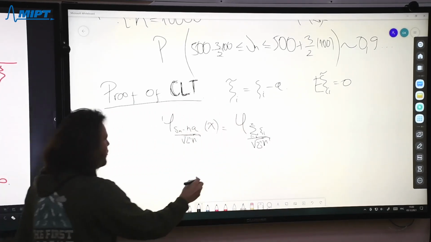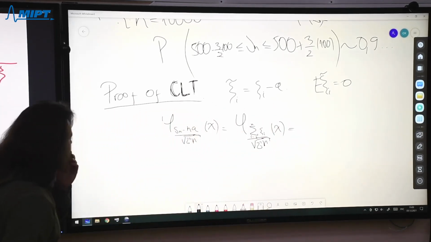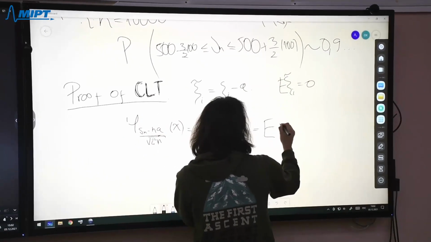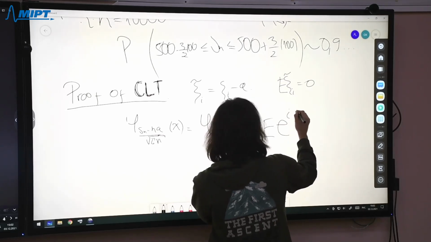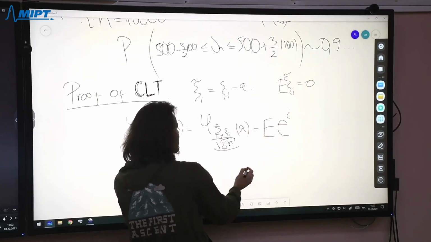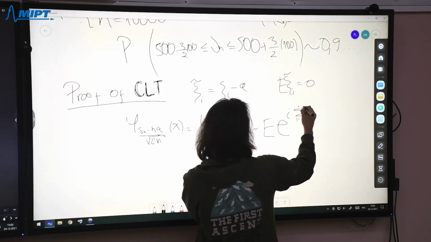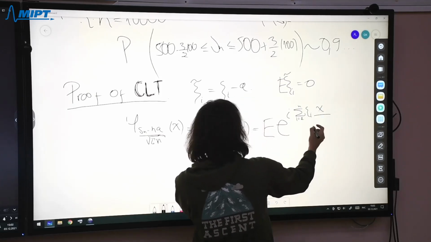In every point x. So what is this? This is the expected value of e to the i psi, but psi is this. So this is the sum from 1 to n of psi I, and I have x, and I can divide it by this.